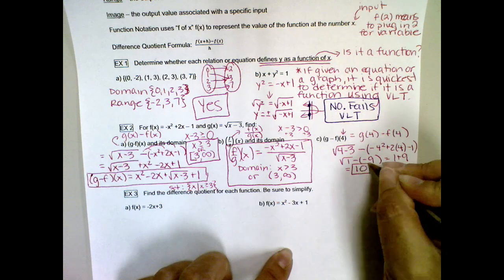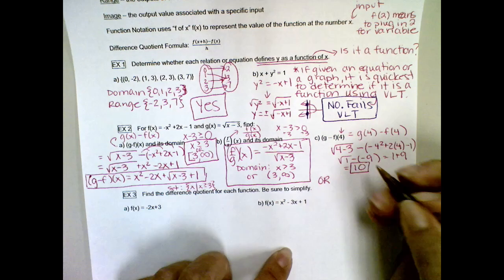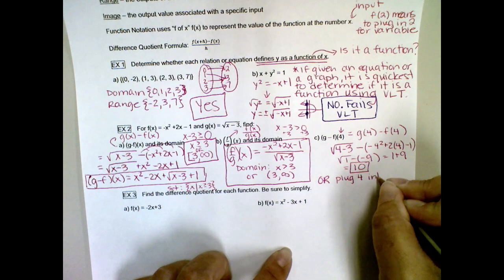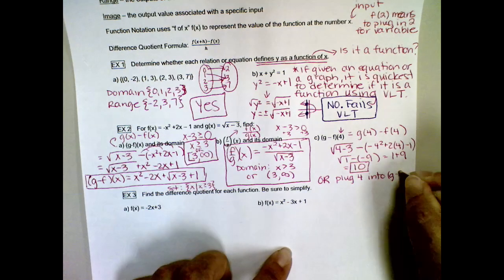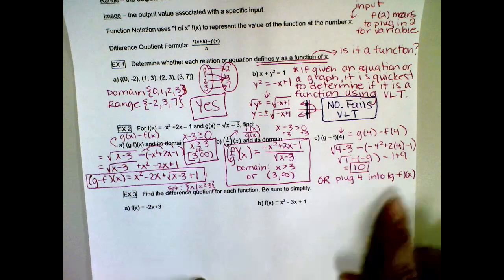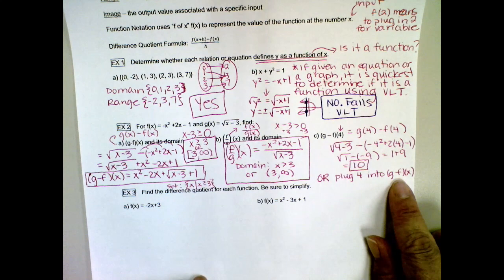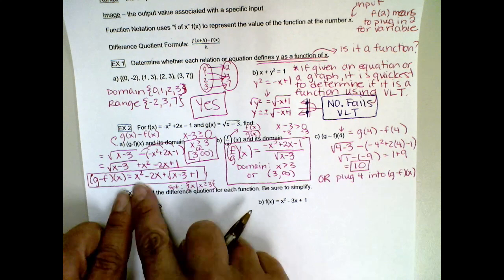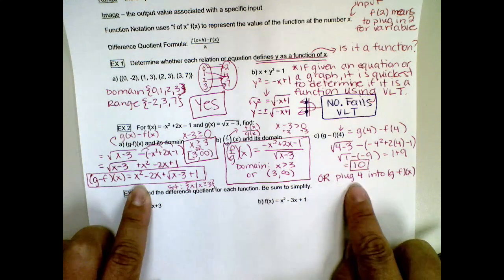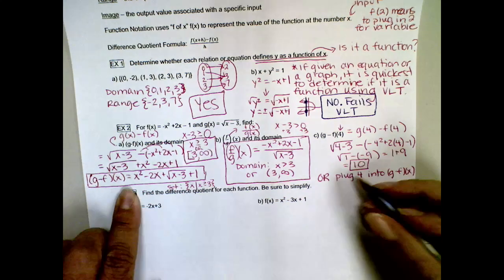The other way that you can do this is to plug 4 into g minus f of x. Now, you wouldn't do this unless you already knew what g minus f of x was. I have g minus f of x over here, so I could just plug 4 into this simplified version.